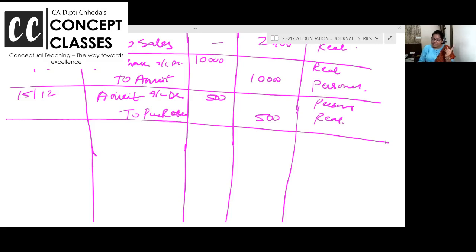If I do it through purchases, my net purchase will come to 9,500, but I want to know how many goods I have purchased and how many goods I have returned. So I have a reason for that. That's why it is purchase return. Okay?